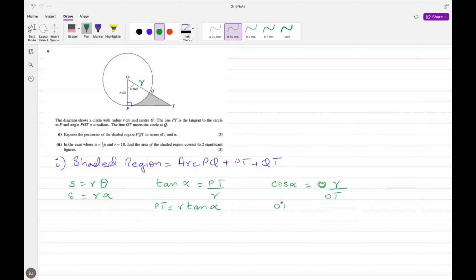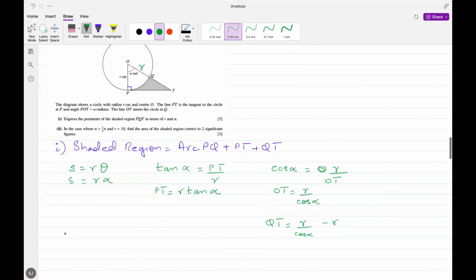So OT will be equal to r upon cos alpha. Now we can write QT will be equal to the total length r upon cos alpha minus r. So the perimeter we can finally write as r alpha plus r tan alpha plus r upon cos alpha minus r.